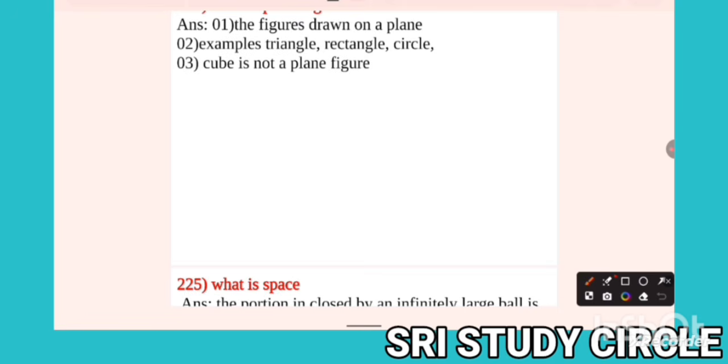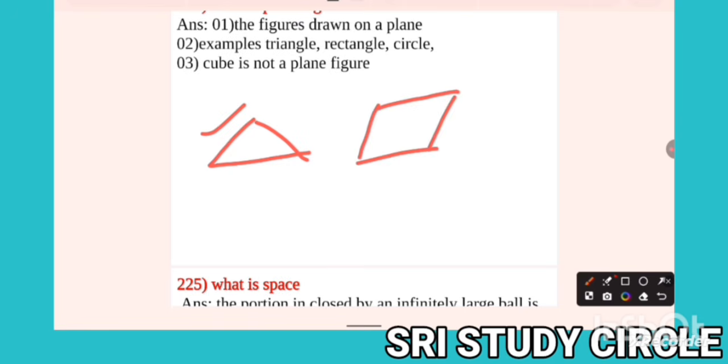Figures drawn on a plane are examples of plane figures. Suppose this is a triangle, this is a plane figure. This is a parallelogram, this is also a plane figure. A circle is a plane figure.